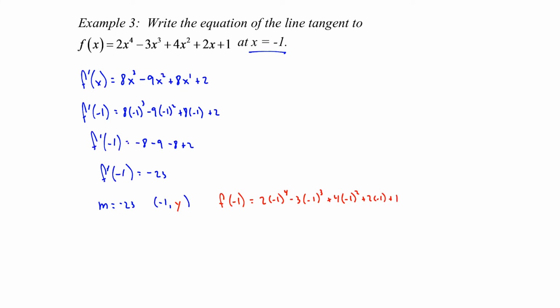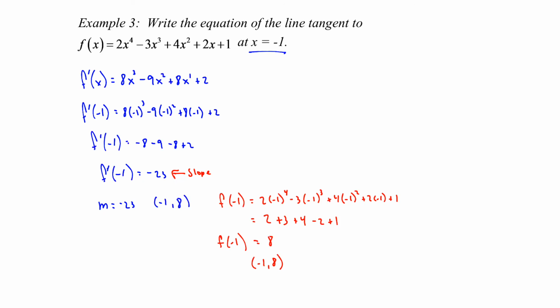But when I plug -1 into the derivative, what does it represent? When I plug -1 into the function, that gives me the output. So I now know that the y value is 8. When I plug -1 into the derivative, -23 represents the slope. So we know the point now is (-1, 8).